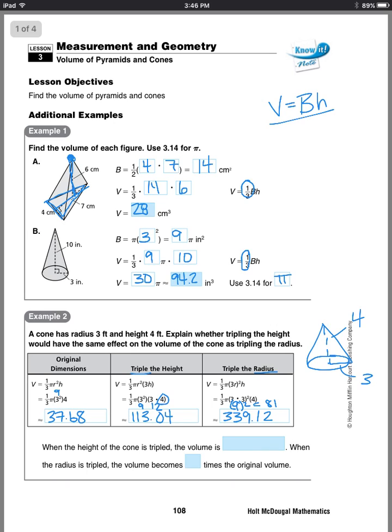When the height of the cone is tripled, the volume is tripled. When the radius is tripled, the volume becomes 9 times the original volume, which you can get by doing 339.12 divided by 37.68, and that equals 9.